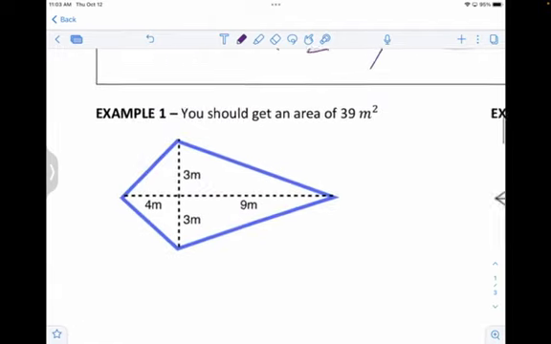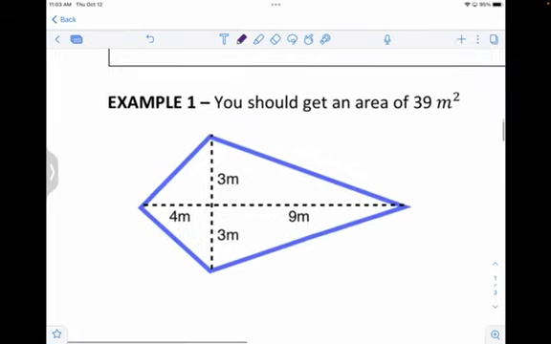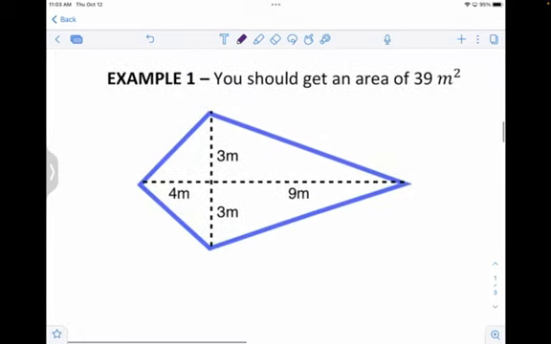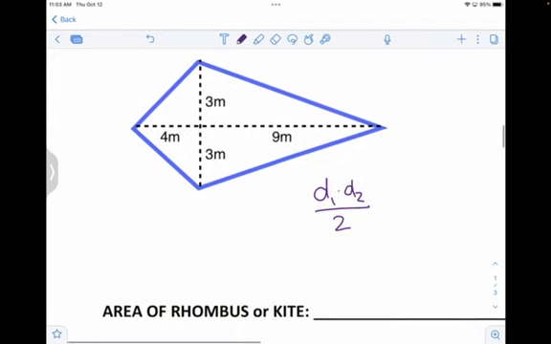So let's do one example. Let's do this one. I'm telling you the answer right here, 39, but let's see how we get it. We're going to use our formula, D1 times D2 over 2. What is our first diagonal? Nine? How are we getting 9?